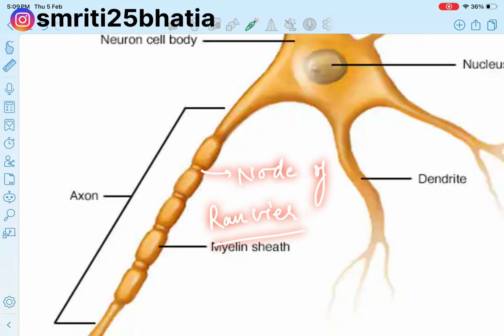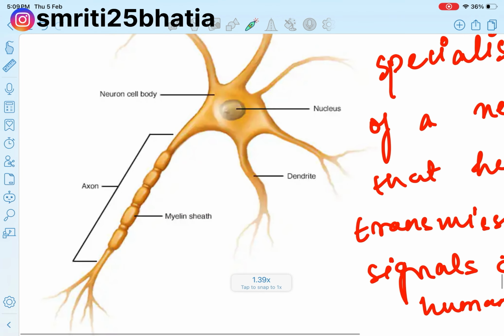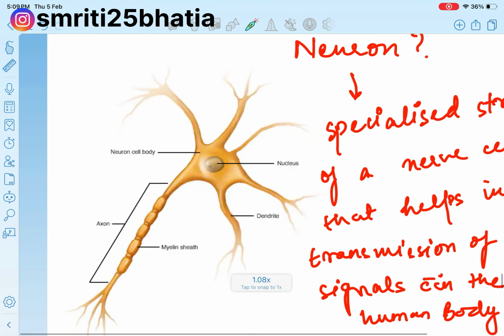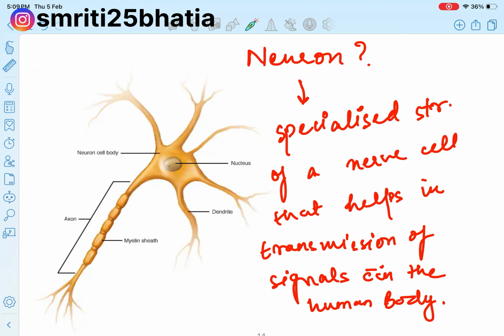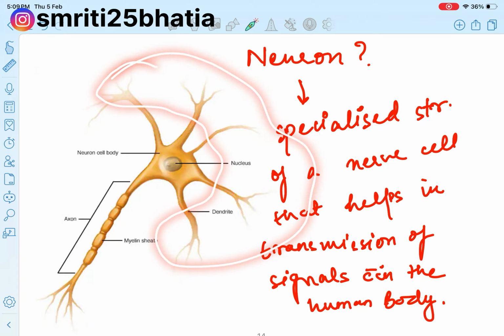Each and every part of the neuron has its specific function, and that's why it is present in the neuron. So let us go part-wise. I will name the part and then I will tell you its function. This is the starting portion of a neuron, and this is the ending or the terminal part of the neuron.